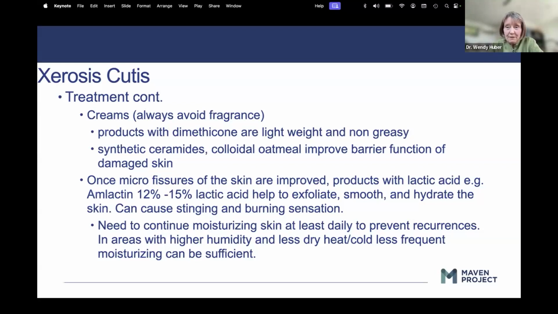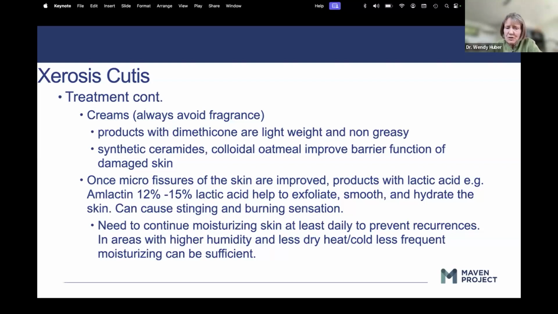And so a lot of my patients will like that product. It reaches its full efficacy after twice-a-day use in 6 weeks. So they have to be a little patient with it. It is significantly more expensive. And in some patients, they'll get a stinging or burning sensation, in which case, it's not the product for them. But that's one reason why I wait until the skin's improved a lot before I suggest that the patient try that.